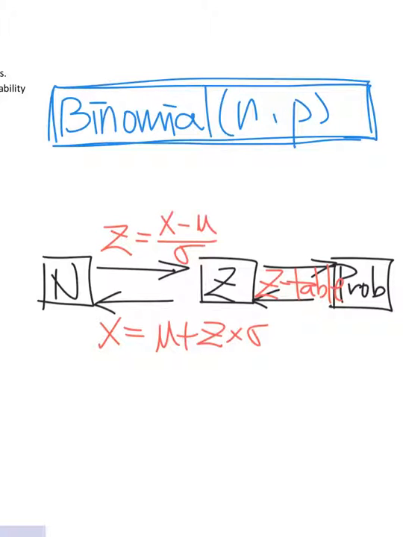Do you remember what n was? n was the number of independent trials. Remember, toss a coin 10 times, head or tail, 10 independent trials. p was the probability of success, the probability of head, right? So now we have a binomial distribution.